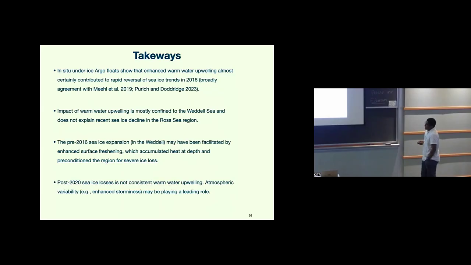And lastly, the more recent last 5 years seem to be quite distinct from the previous sea ice loss, and so I think something else is going on there. And again, no conclusive ideas there, but one potential is that there's increased storminess because of the polar contraction of the circumpolar westerlies. And we have someone working on that in our group.